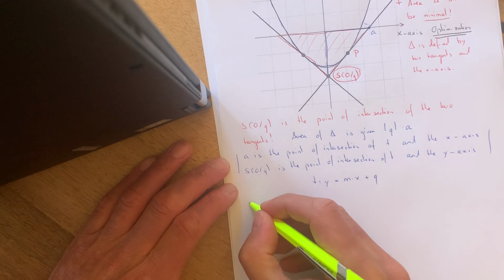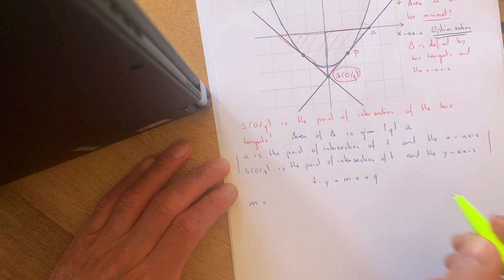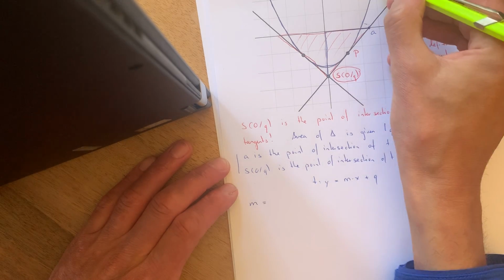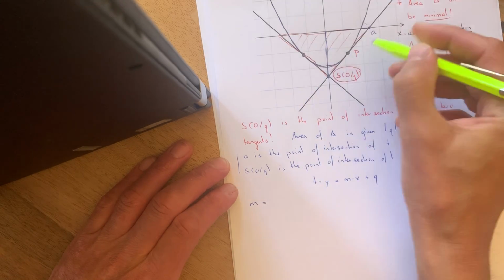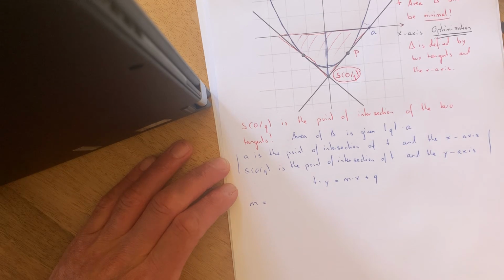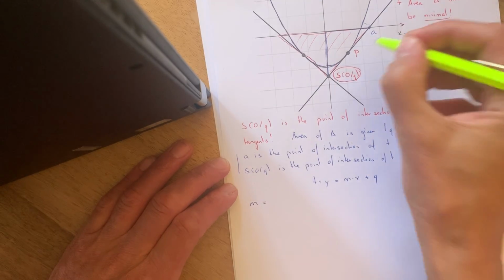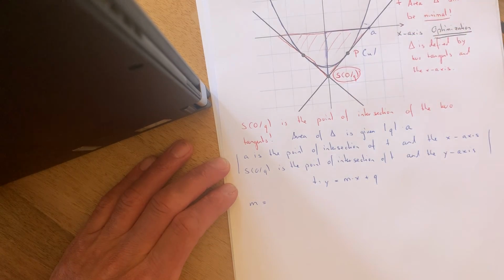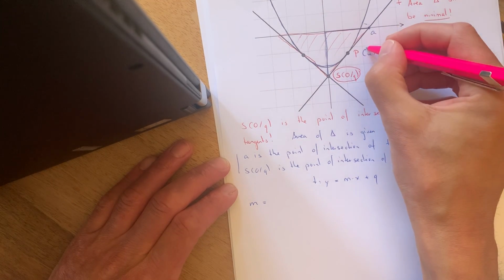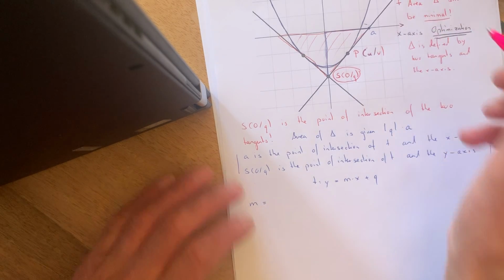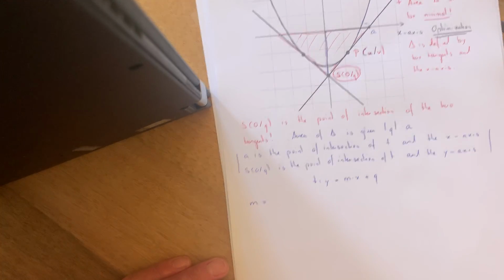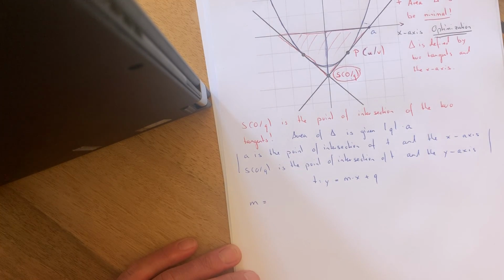First, m is given by the derivative of function g at point P. So let's maybe say P has coordinates u. We don't know anything about the x coordinate of P at this point, so let's just say that x coordinate is u.